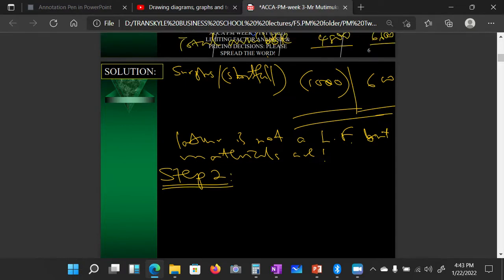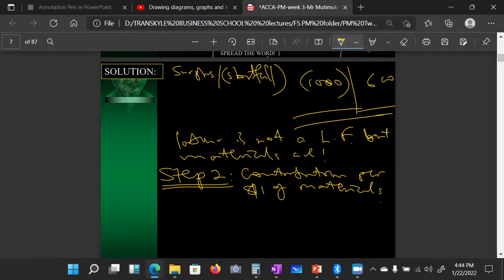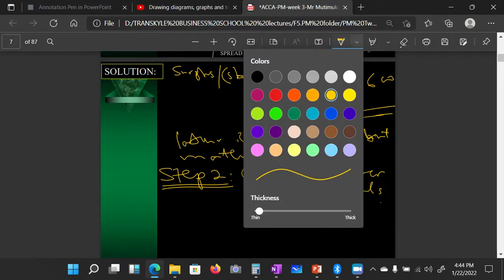Contribution per unit. We need to determine the contribution per dollar of scarce resource, in this case, materials. Per dollar of materials. Somebody's saying, can't you change the pen?